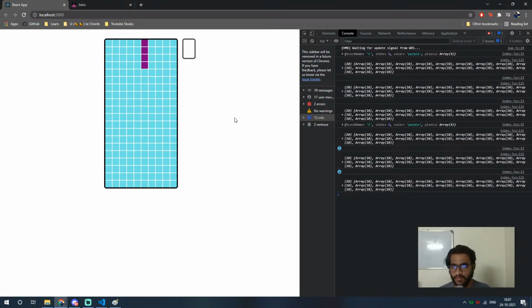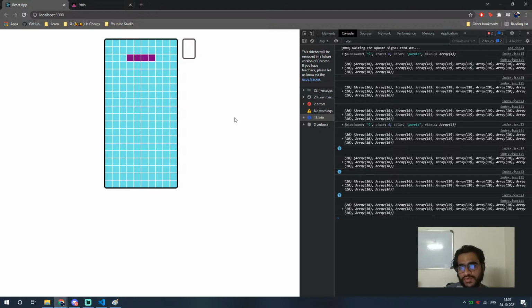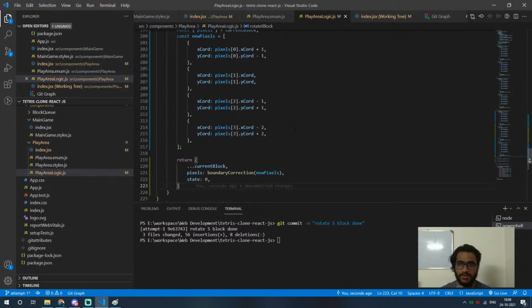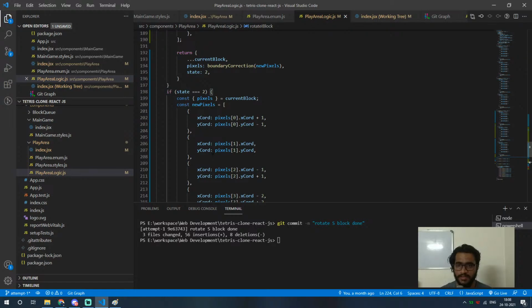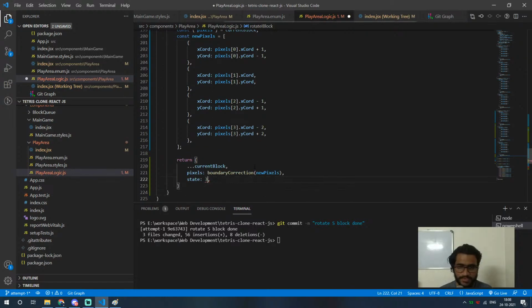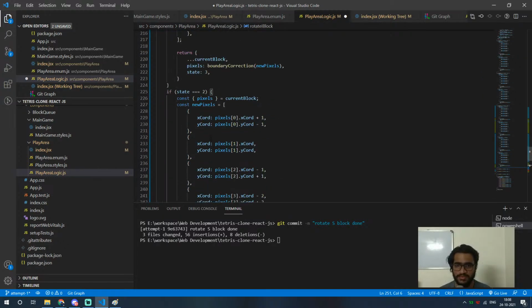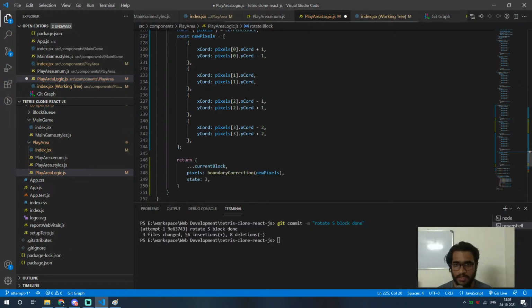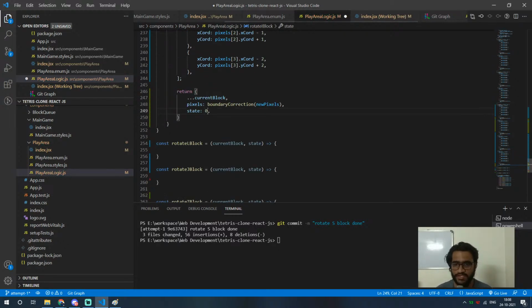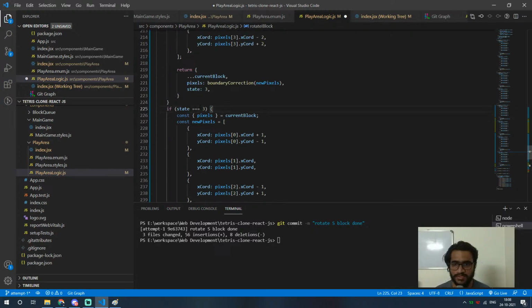So 0 to 1, 1 to 2, 2 to 3. Right, now we need to go back up. I think we need one more state to change to, and 3 to 0. I'm definitely sure we are going to loop back to 0 after 3.